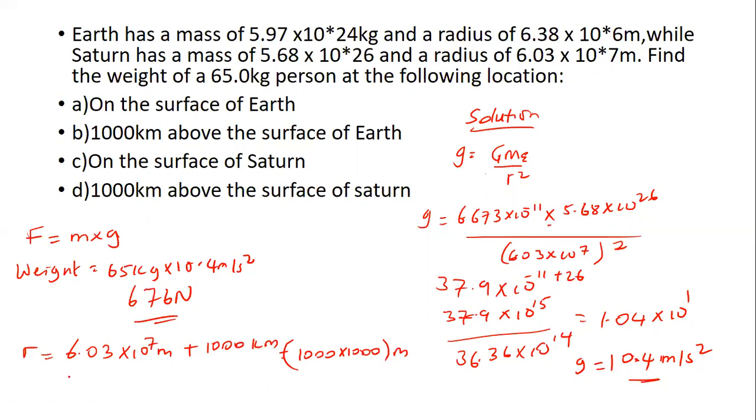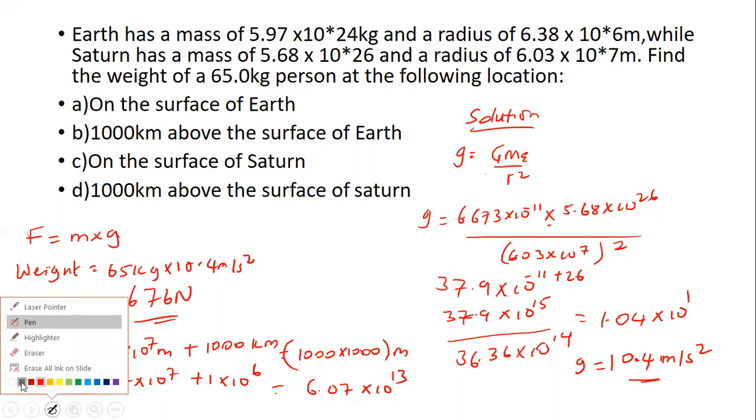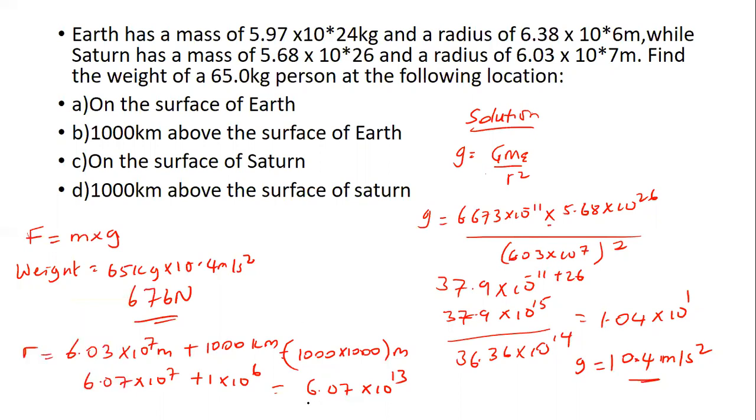It's 1 million. So that's going to give you 6.07 times 10 raised to power 7 plus 1 times 10 raised to power 6. So this is a radius.